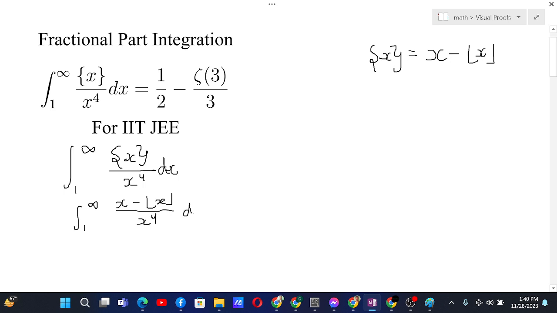Now this greatest integer function increases in discrete amounts; for 1.2 it's just 1, and until it gets to 2 it's just 1. So it isn't continuous, and that's why this can be changed into a sum, which is really helpful.